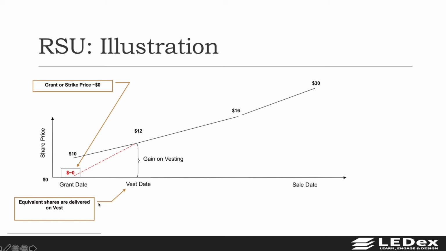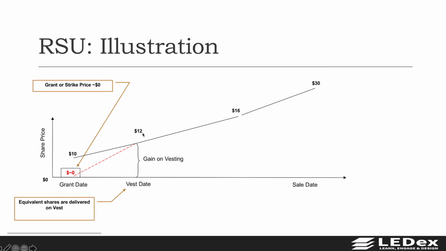With RSUs, there is technically no exercise required because there is no payment to be done. So we refer to the vesting date also being the date at which shares are delivered. In some organizations, it's referred to as a settlement date.